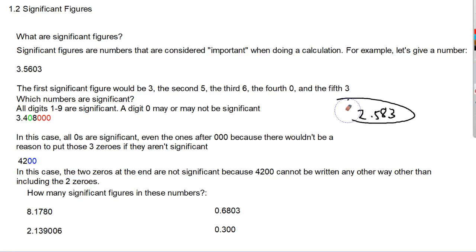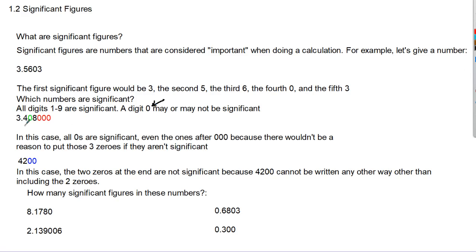In this case, the 0 might be significant, or it might not be. There's a chance that it's significant, and a chance that it's not. We've got to analyze the number first.